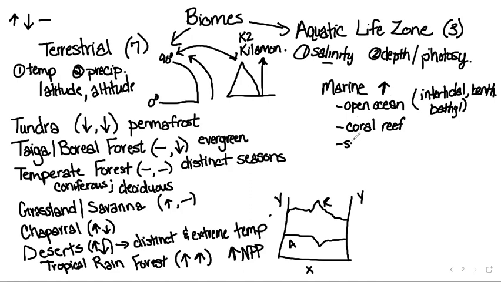You can have saltwater marshes, mangrove swamps, things like that. But the defining characteristic is high salinity. Approximately 73% of the planet is made up of marine life zones.